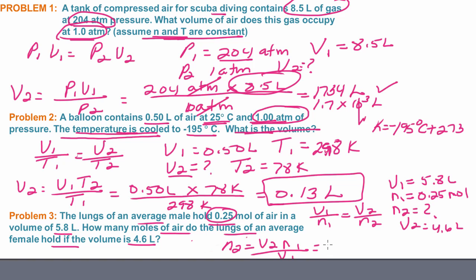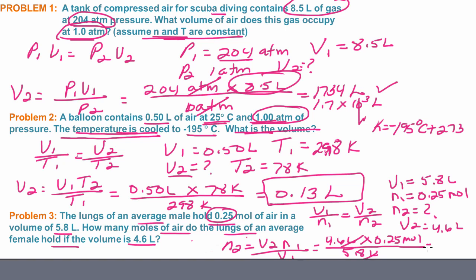So what we have is V2, 4.6 liters, times N1, 0.25 moles, all over V1, 5.8 liters.